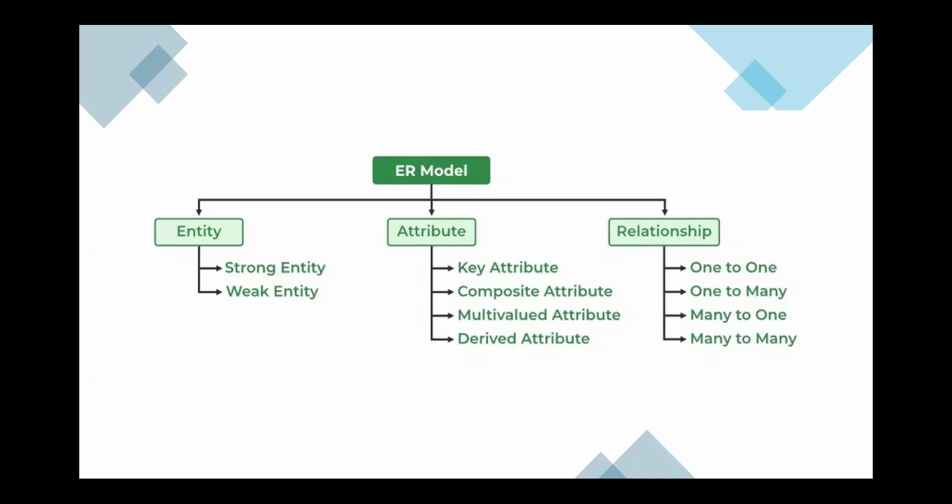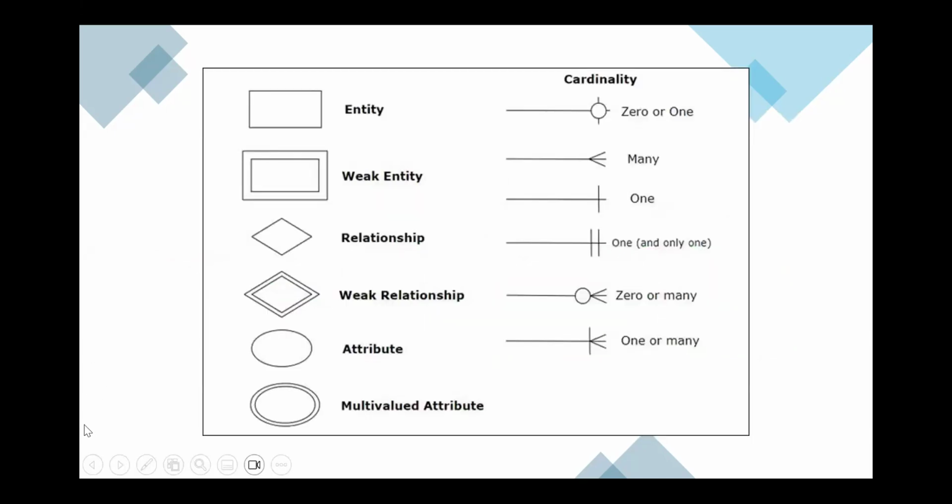Then we have relationships between the different entities, which can be of four kinds predominantly: one-to-one, one-to-many, many-to-one, and many-to-many. Now, these also we will cover, but basically it means that one student can take many courses, right? And one course can have many students. Okay, so this is a many-to-many relationship, and we'll see it further. So do not worry, don't get confused. I'm just introducing the concepts to you here.